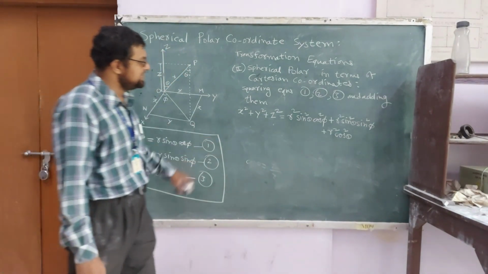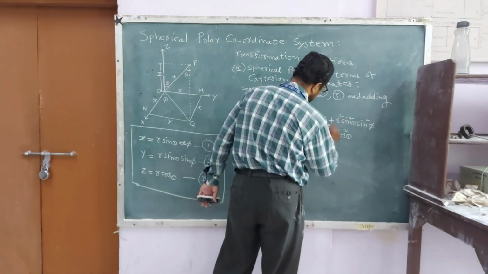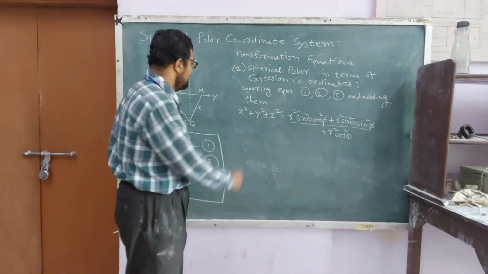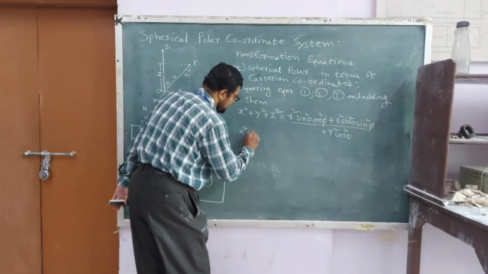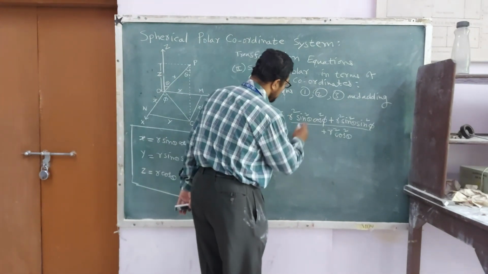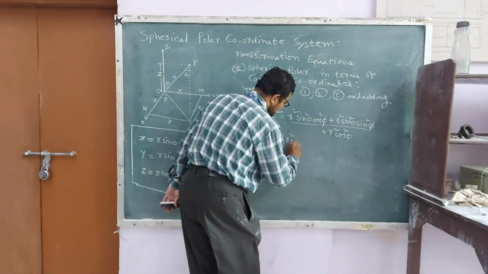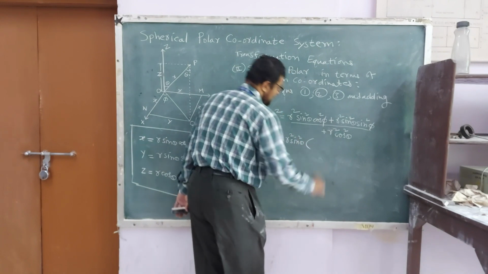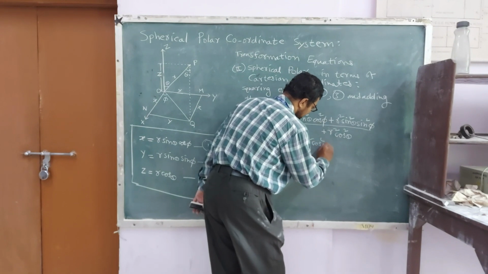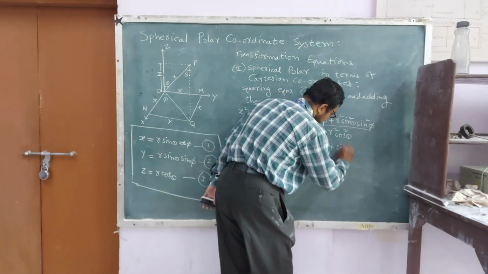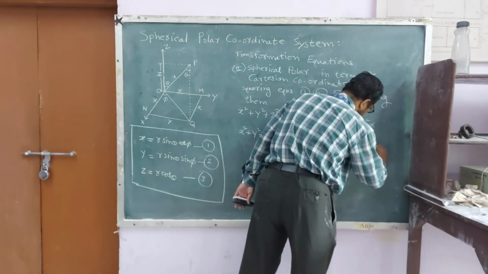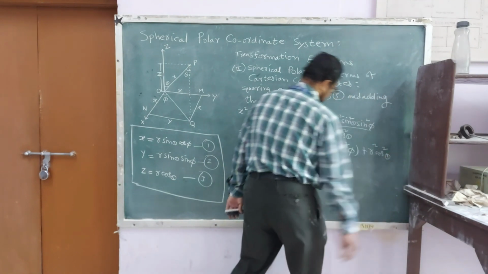Now if we consider the first two terms here, r square sin square theta is common in these two terms, so we can take that common outside. So x square plus y square plus z square will be equal to r square sin square theta times the bracket of cos square phi plus sin square phi, plus r square cos square theta.